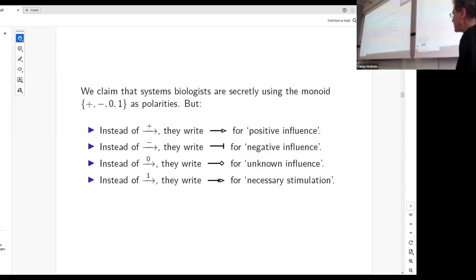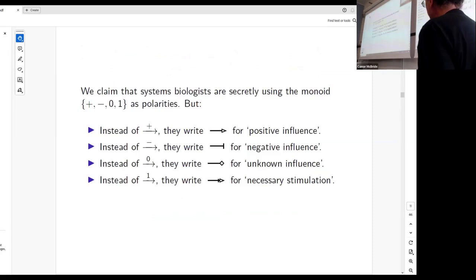And we claim, after having thought about it for a while, that systems biologists do like to use this 4-element monoid I described, but of course they don't talk about monoids, and also they have their own notation. So they have arrows of different shapes for the 4 different monoid elements.